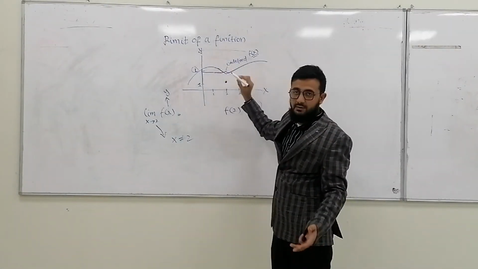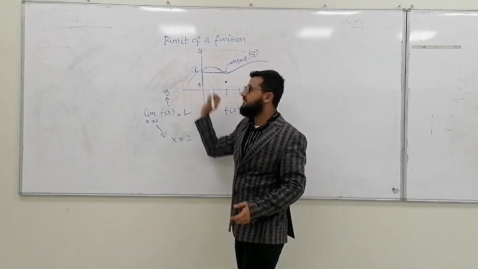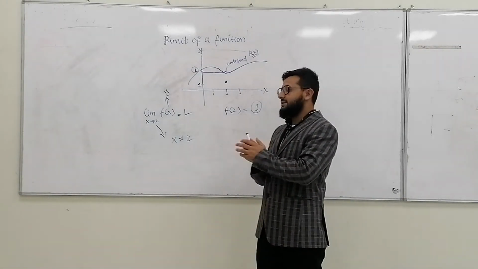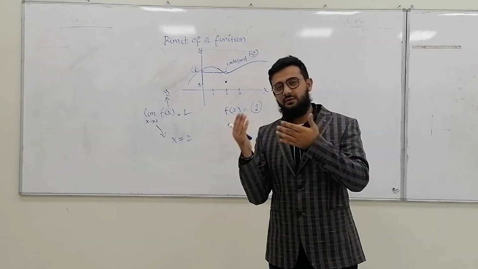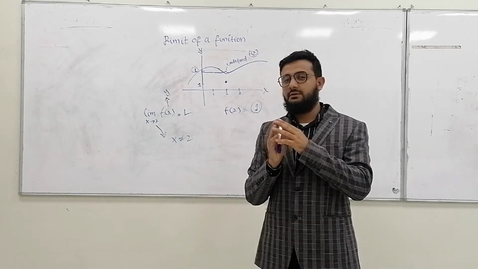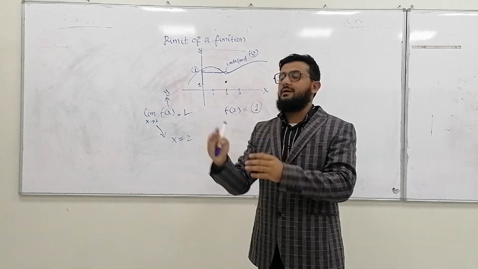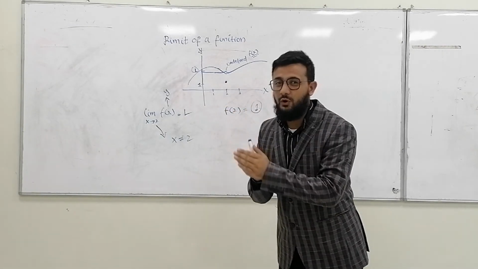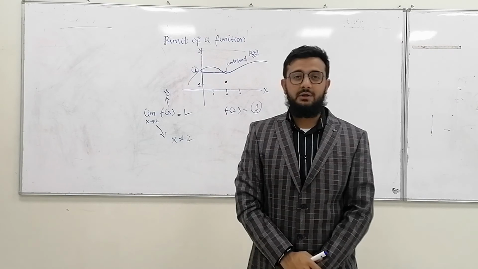I still have the same graph, so the answer will still be L. So, in short, when I say the limit of a function when x approaches a certain value, it means I want the value of y when x approaches really close to that point, not on that point. I hope you understood.